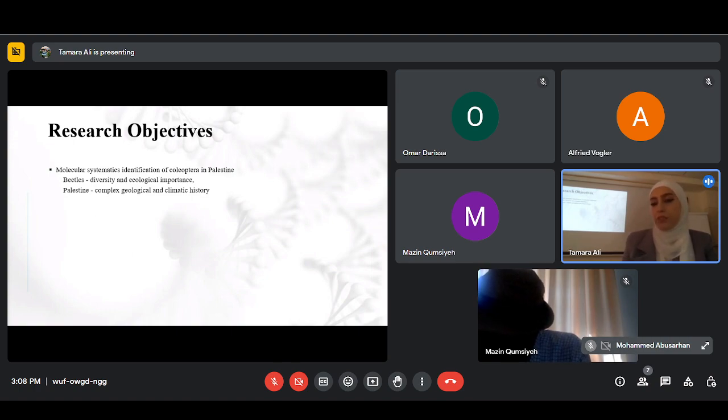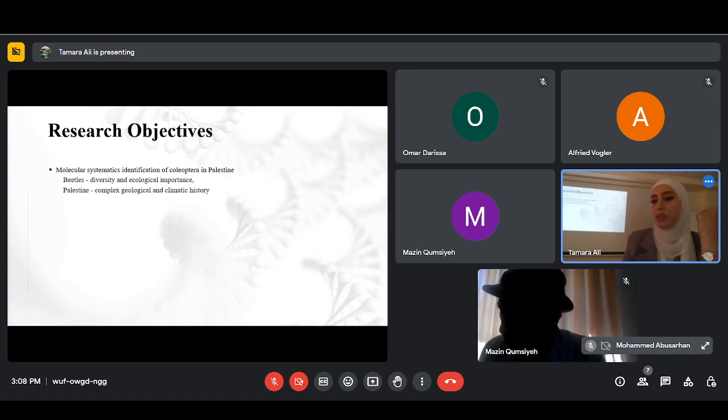Research objectives. The molecular systematic study of beetles in Palestine is important because beetles are an important group to study. They are highly diverse and ecologically important insects, and they play a key role in many ecosystems.